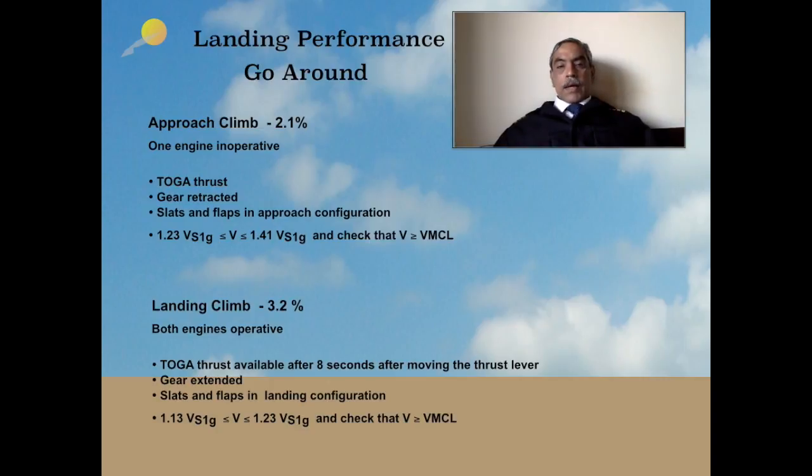So the co-pilot has to retract the flaps to approach configuration if it has already been selected to landing configuration, and of course the gear would be immediately retracted on achieving a positive climb. So this is the immediate action that has to be achieved by the crew to obtain this 2.1% climb gradient.